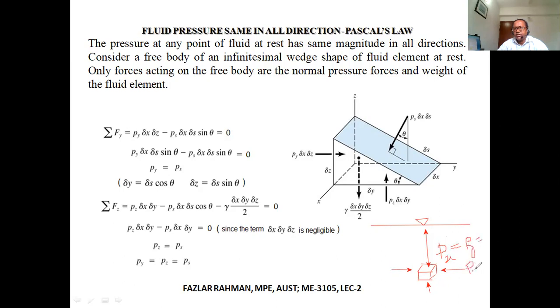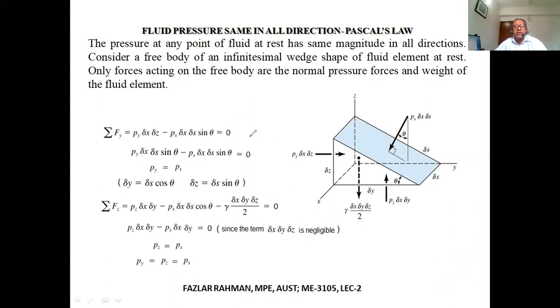That means on all three axes, the pressure value will be the same. If this fluid element is not moving along the vertical axis, then the pressure will be changed, otherwise it remains constant. So let's derive it, how we can derive it.